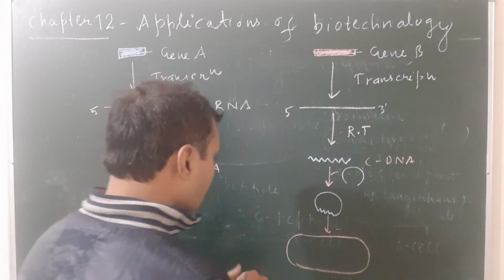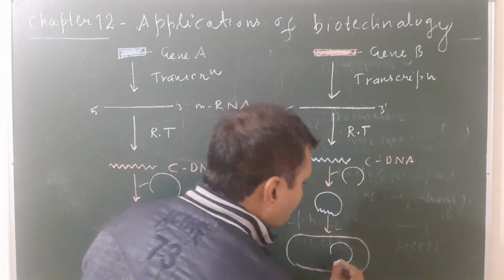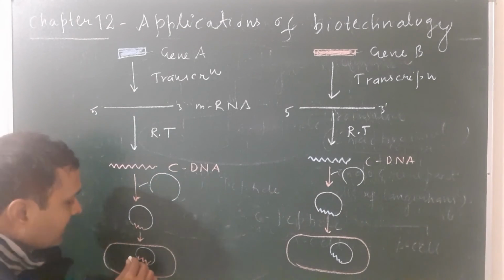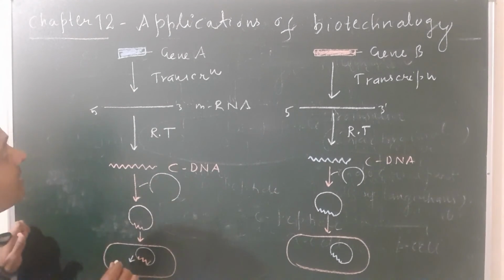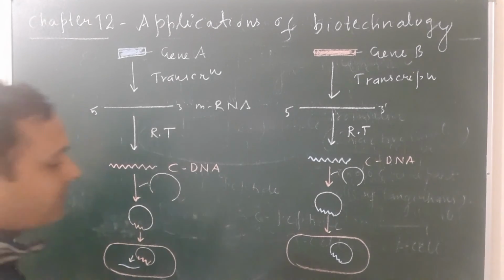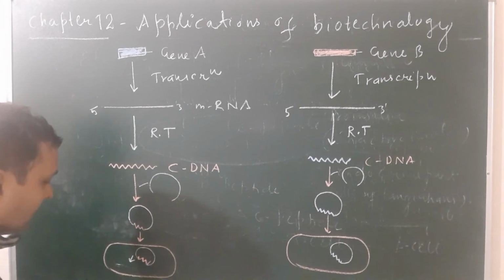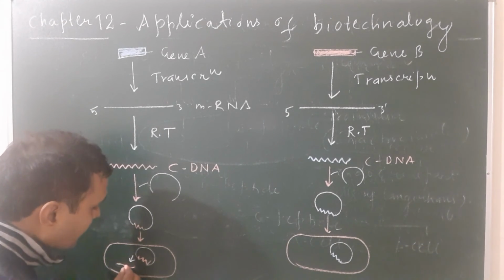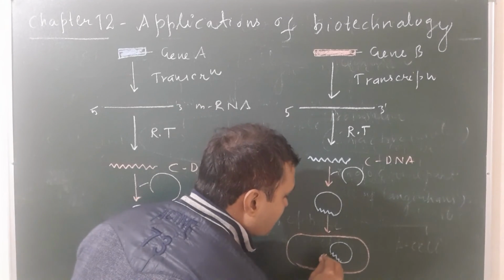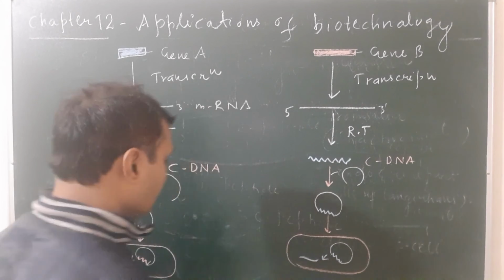Synthesis of the A chain and B chain occurs inside the host cell. This recombinant DNA gives rise to the A chain of insulin, and this recombinant DNA gives rise to the B chain of insulin, expressed in the host cell.